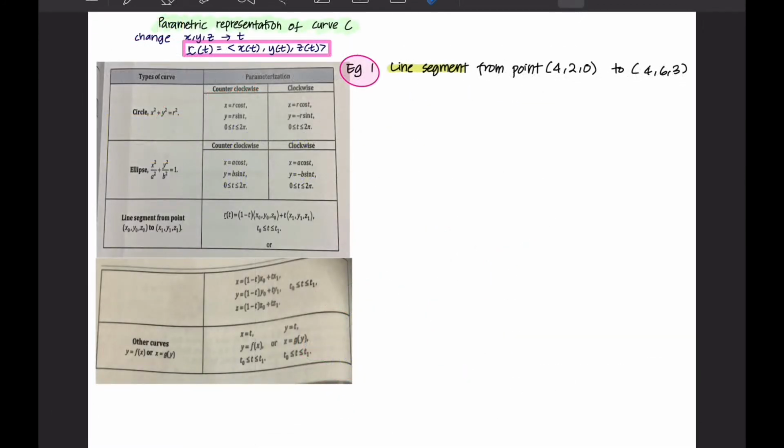Let's look at how to do the parametric representation of curve C. Basically, we want to represent curve C by r(t). So look at this table. We have different types of curve. The first column is types of curve, and the second column is the parameterization. Look at this example 1.